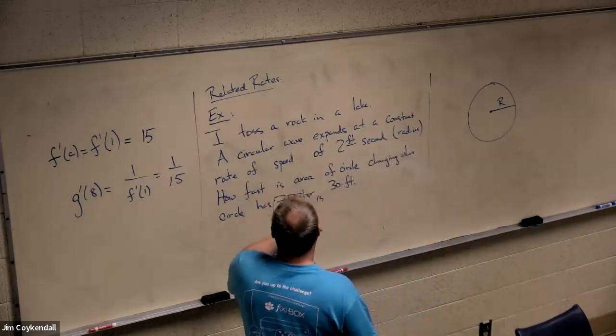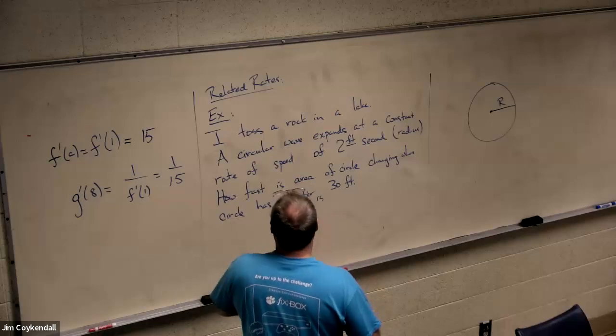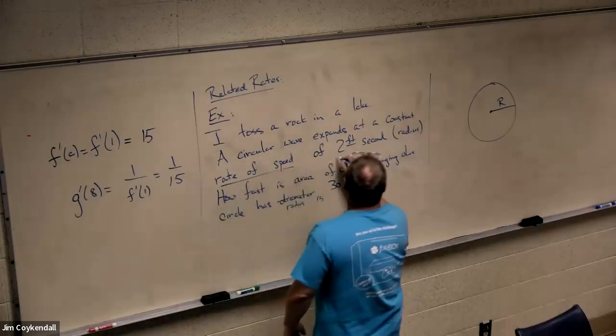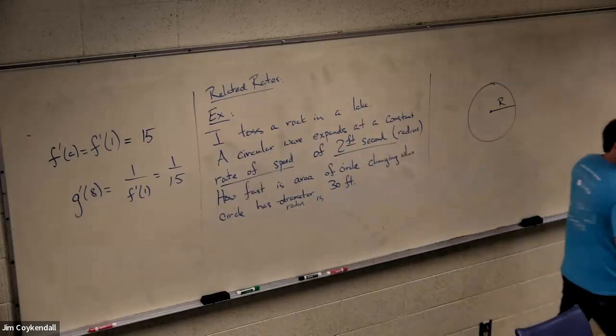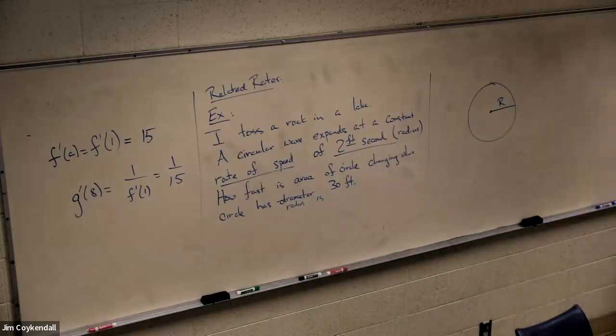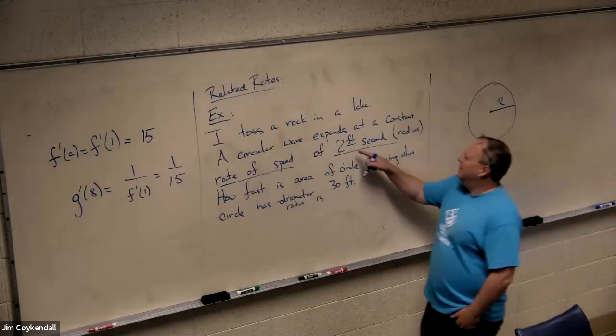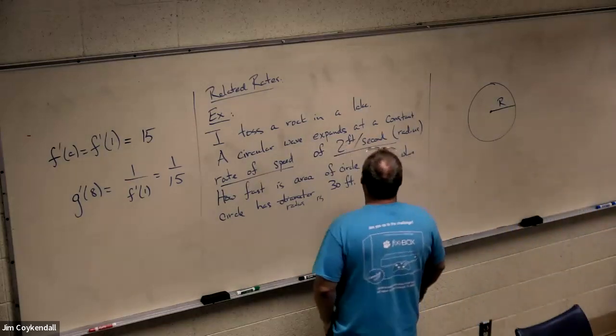Okay, let's see. Throw a rock in a lake, got it. Circular wave, got it. Rate of speed, 2 feet per second. Somebody interpret that calculus-wise. What does that mean? The rate of change, measured in 2 feet per second.